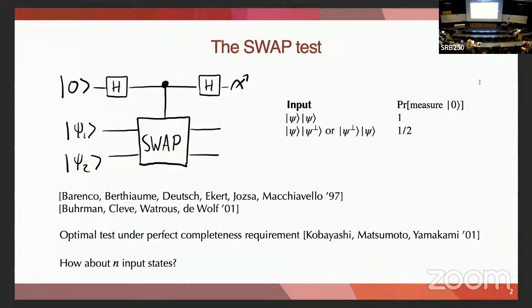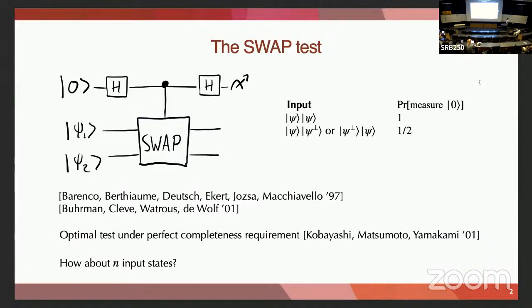So the basic setup for this work is all motivated from the swap test. The swap test is a very classical primitive in quantum computing, which basically answers the question how we can compare two states. So imagine that we are given two quantum states, Psi1 and Psi2, and we are promised that they're either orthogonal or they're identical.